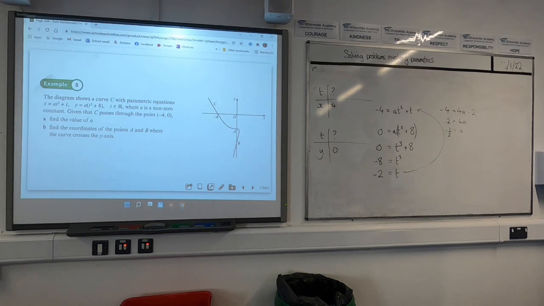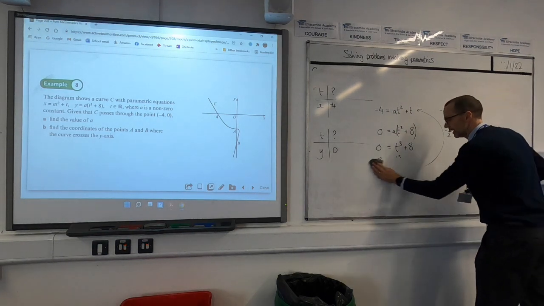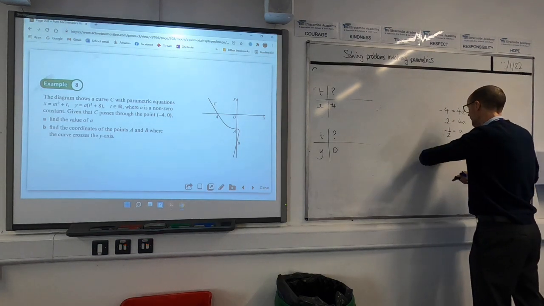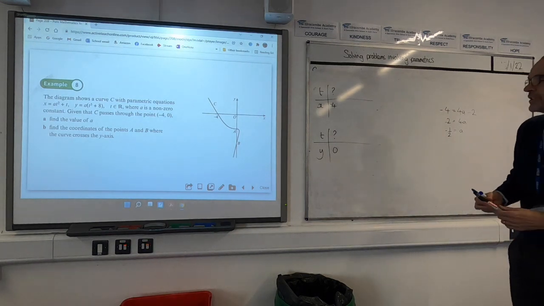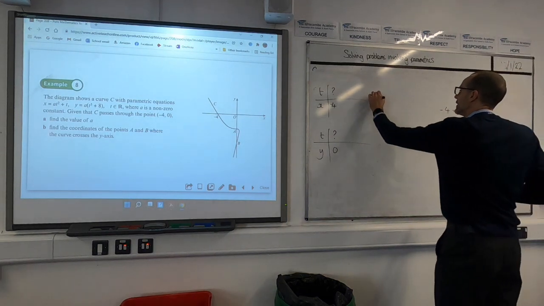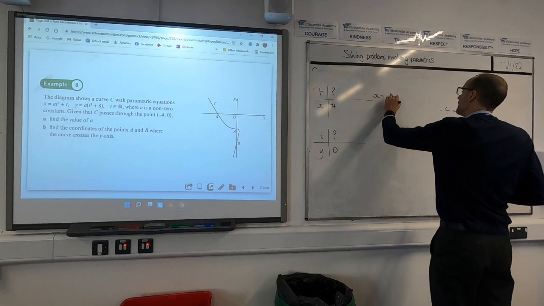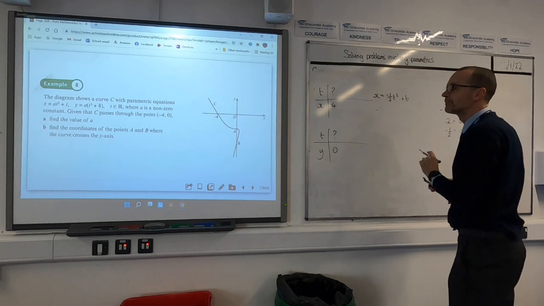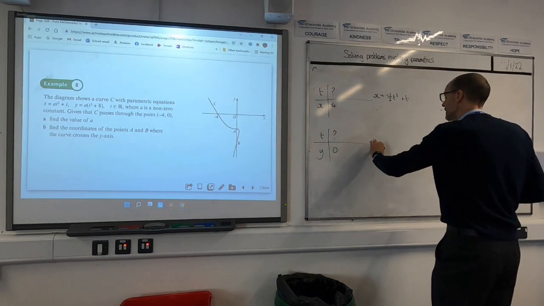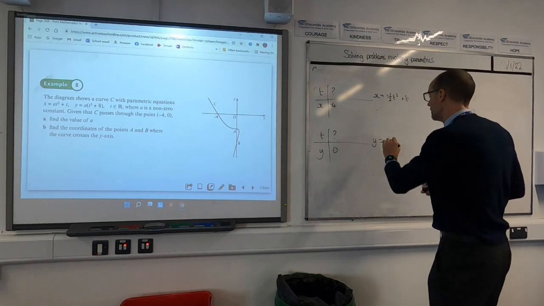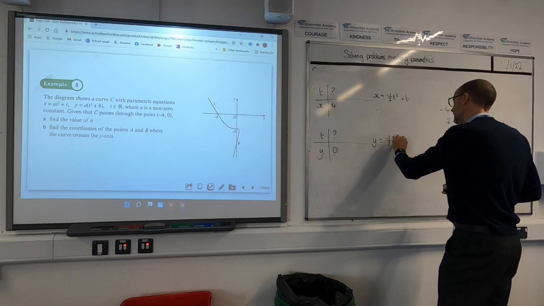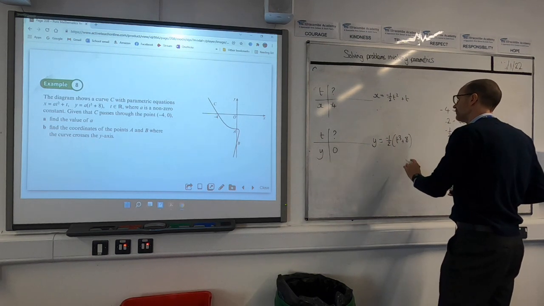t is a variable, so each coordinate on that graph will give me a different value of t, but a is a constant, so I'm going to rewind to the start of the question now and rewrite the two equations. The x equation becomes -1/2 t squared plus t, and the y equation becomes -1/2 times t cubed plus 8.